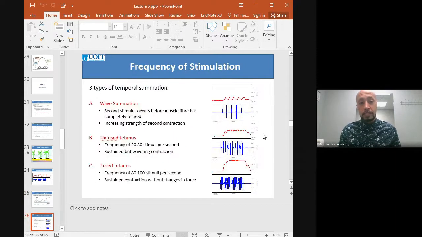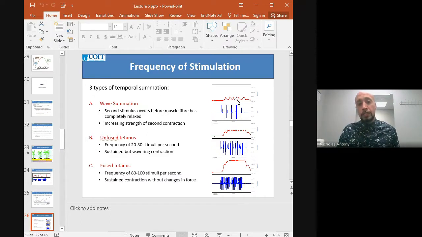If we look at this slide, this is a wave summation. See how if you generate a twitch right after, each one of these blips is an action potential. If the action potential starts after the force has already stopped, it's just a wave.